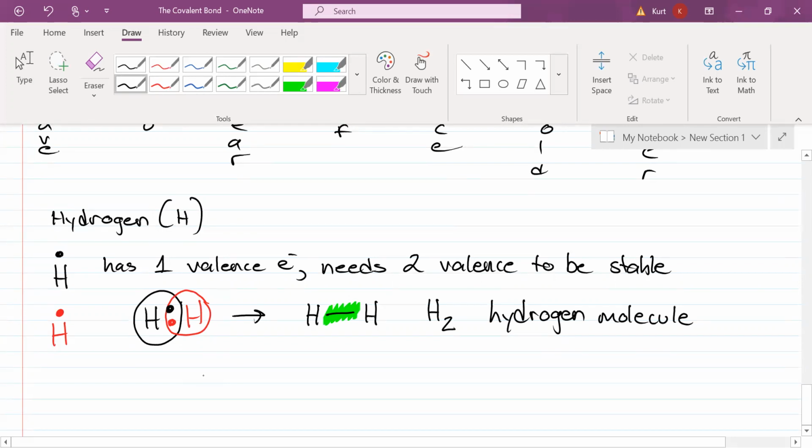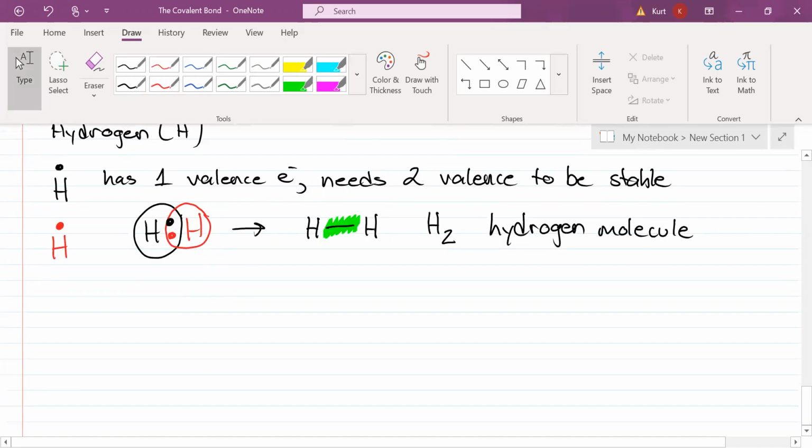Now, because you guys are new to chemistry, I could definitely say you'd be confused. There's actually 3 different ways you look at hydrogen. I want to be sure that you all are aware of this. This is a hydrogen atom. This is a hydrogen ion. And this is a hydrogen molecule. A hydrogen atom has 1 proton, 1 electron.